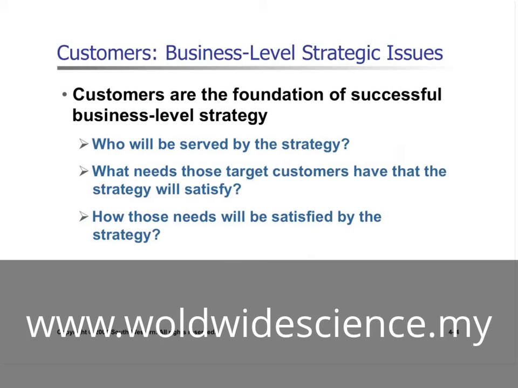So first of all, customers. The customers are the fundamental foundation of successful business level strategy. So at the end of the day, you'll be helping customers to get what they need. Basically, your audience, where they buy the product, are the customers.